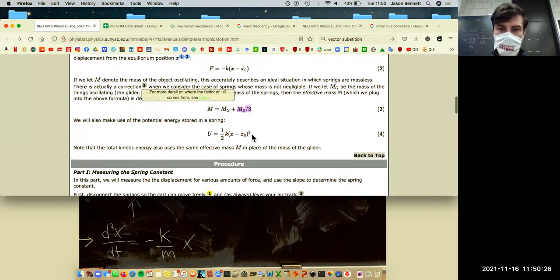In previous labs, this symbol was PE, but this is kinetic energy.